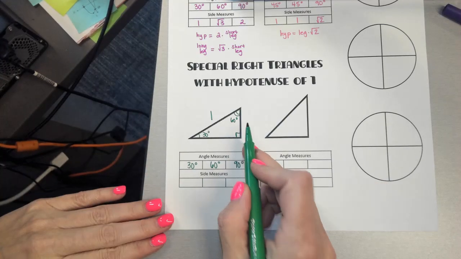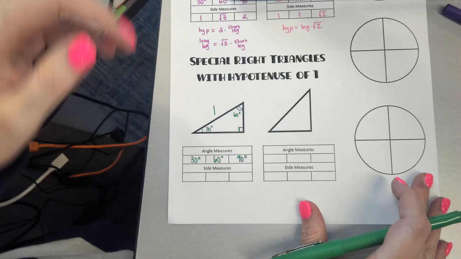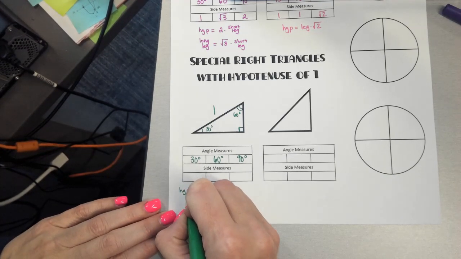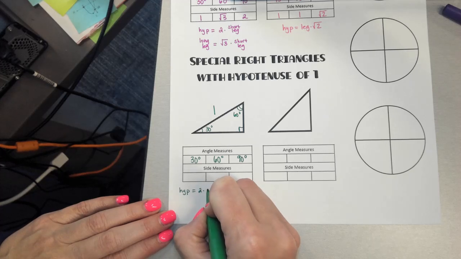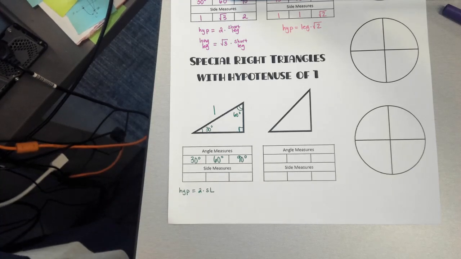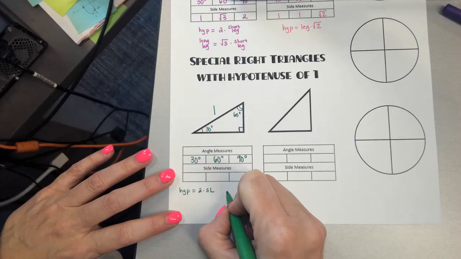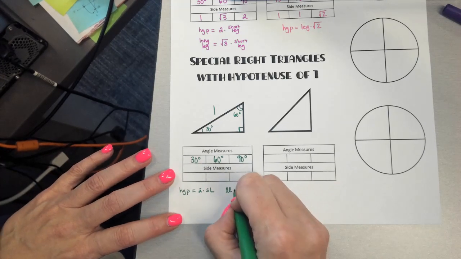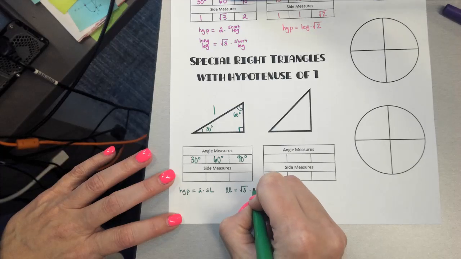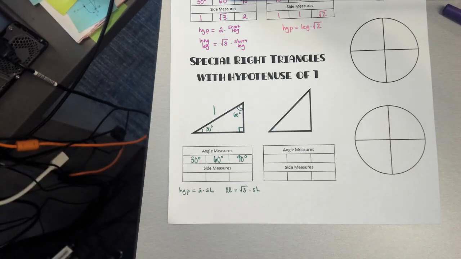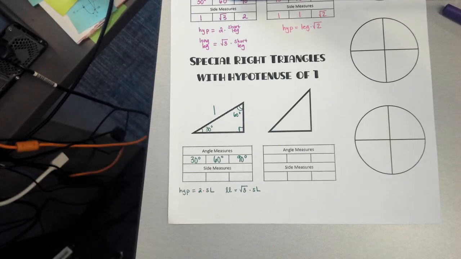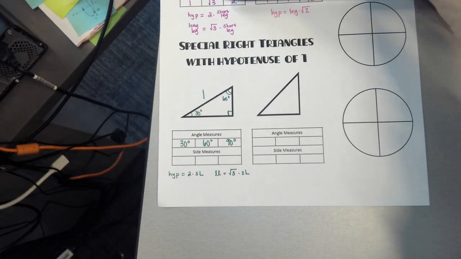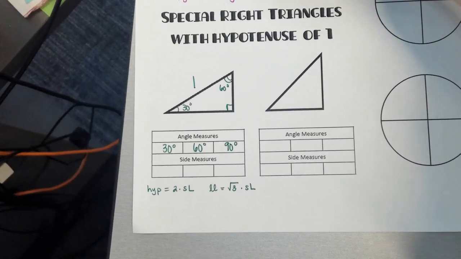You're going to solve to find the short leg. You know the hypotenuse. So if the hypotenuse equals 2 times the short leg, I want you to solve to find that. And then I'm going to call the long leg this fancy LL here. Once you find that, you can plug it in to find what's across from the 60 degrees. I'm going to give you a minute right now to do that.